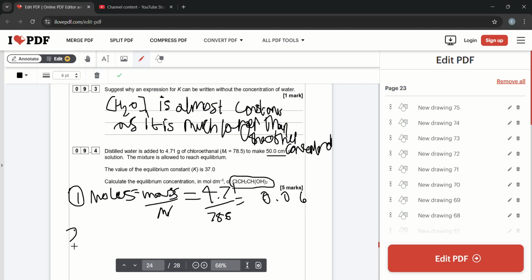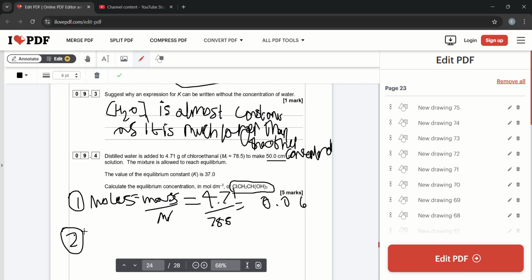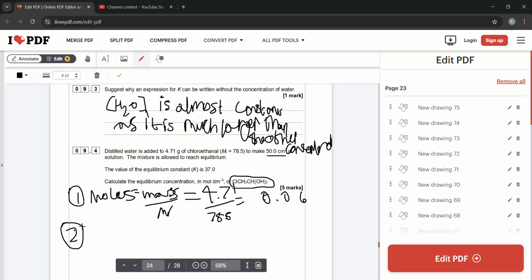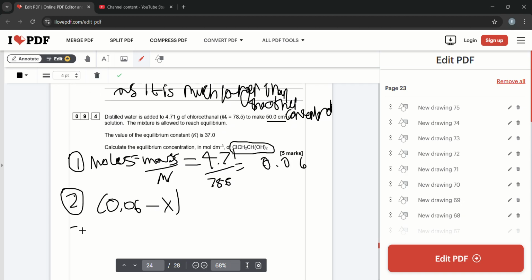Now this one we're going to have to use algebra, so there's a reason it's 5 marks. It's not going to be that easy. Now we know the equilibrium amount of ClCH2CHO is going to be 0.06 minus X, and the equilibrium amount of ClCH2CHOH squared is going to be X. Which makes sense, right?